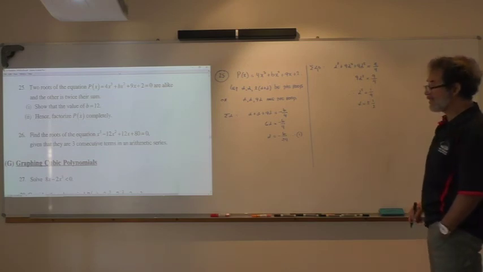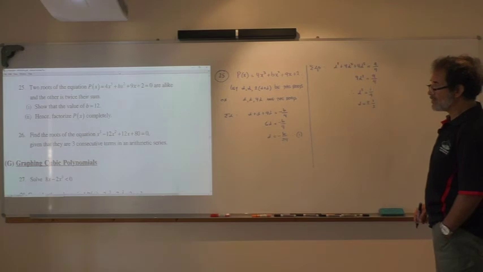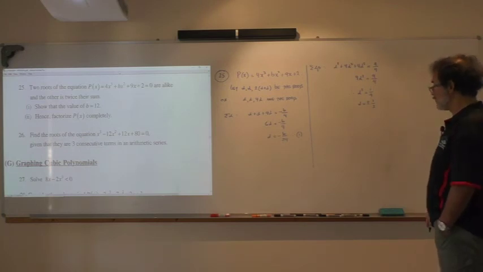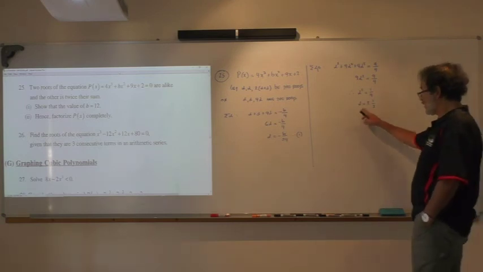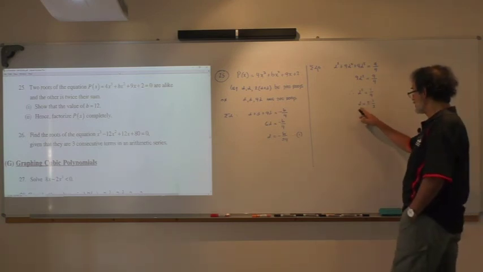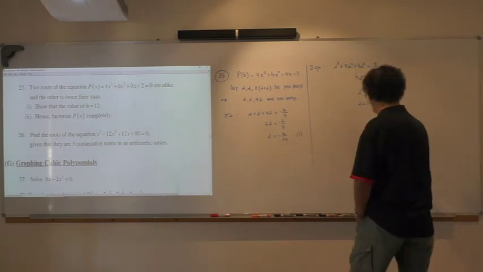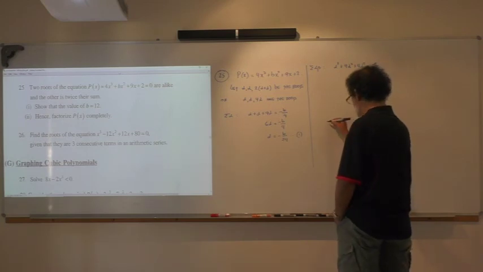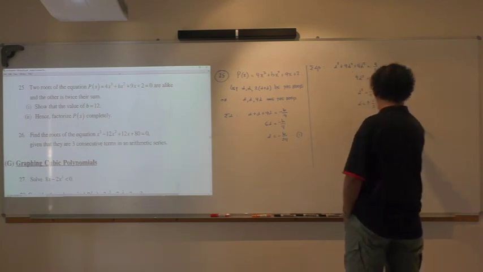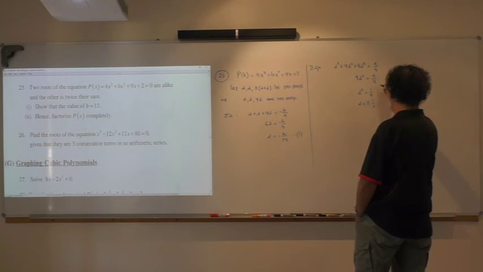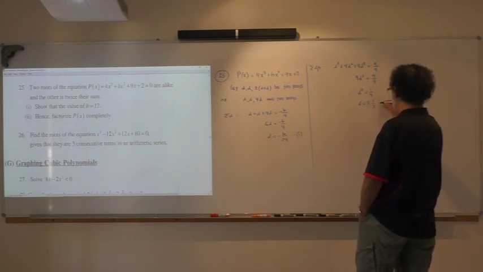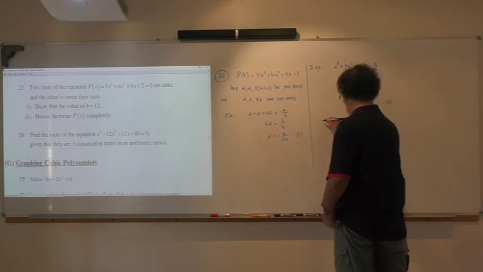Okay, and the question says that we're going to show that the value of b is equal to 12. How are we going to show that? We're going to substitute this value of alpha in here, calling this one 2.